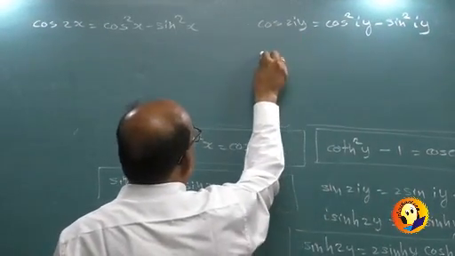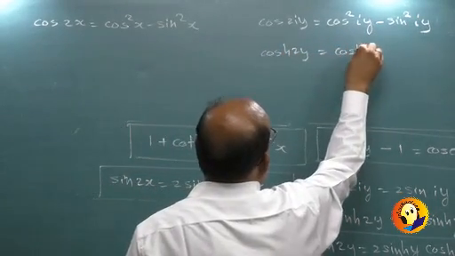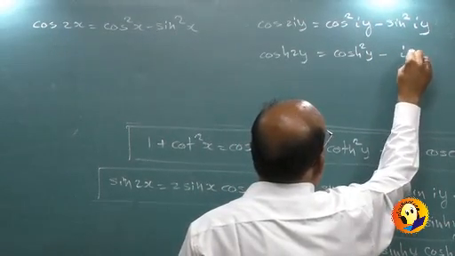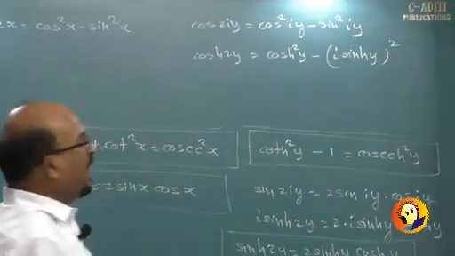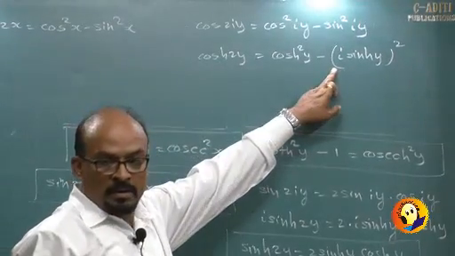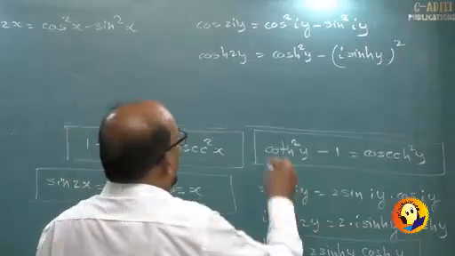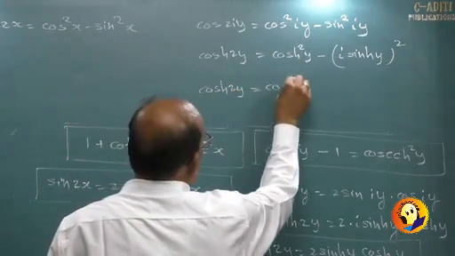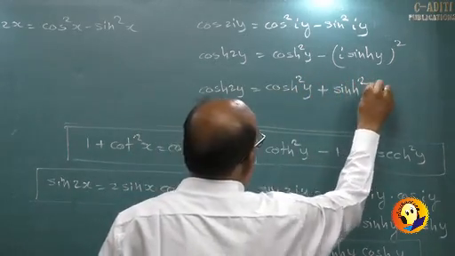Cos 2iy is cosh 2y equal to cosh square y minus i sinh y whole square, because sin iy is i sinh y, and it becomes i square, and with a minus sign becomes plus 1, and we get the formula as cosh 2y is cosh square y plus sinh square y.